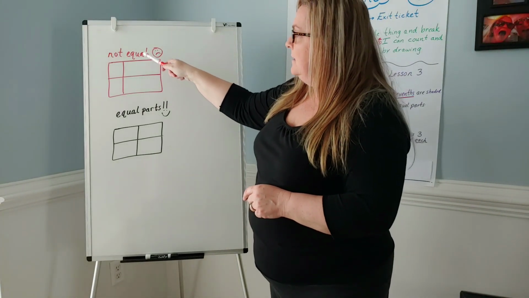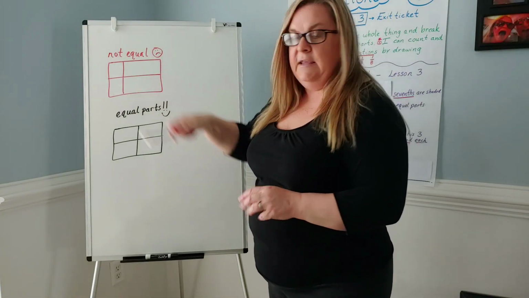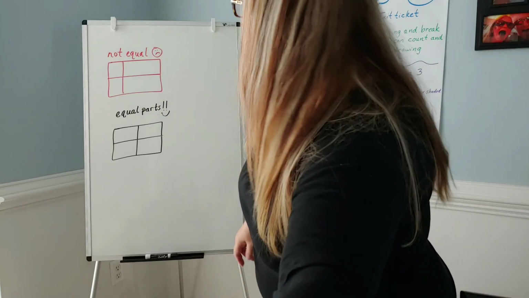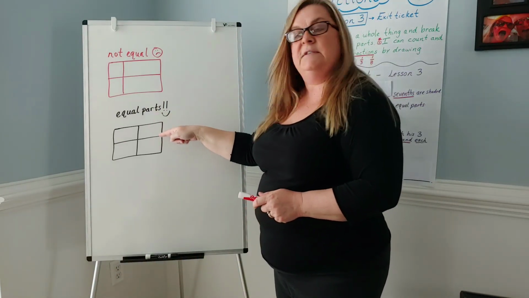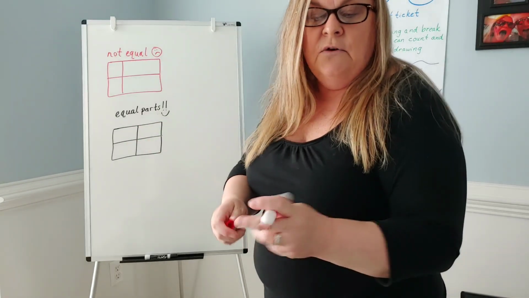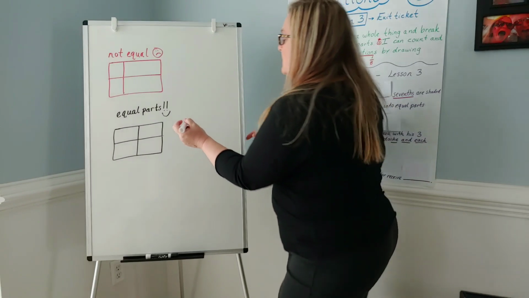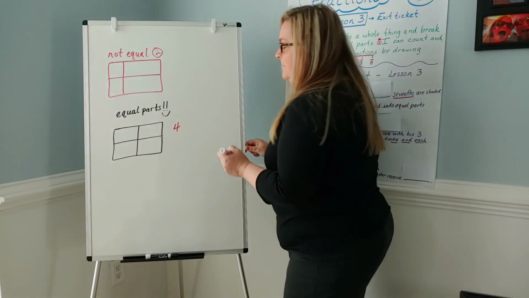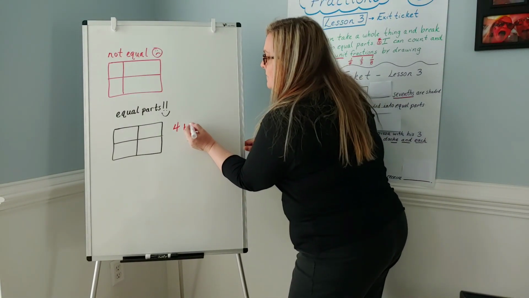Quick review, not equal. You can see these parts are not equal, right? And then down here, in this rectangle, there's 4 equal parts, right? All right, so how many fractional parts are in all? There's 4 fractional parts, or total parts.